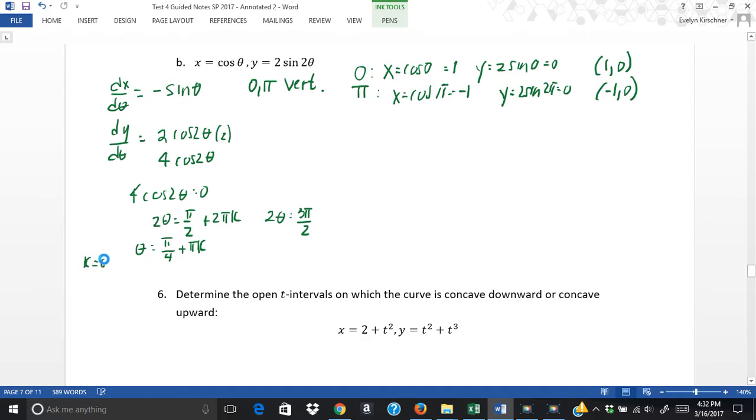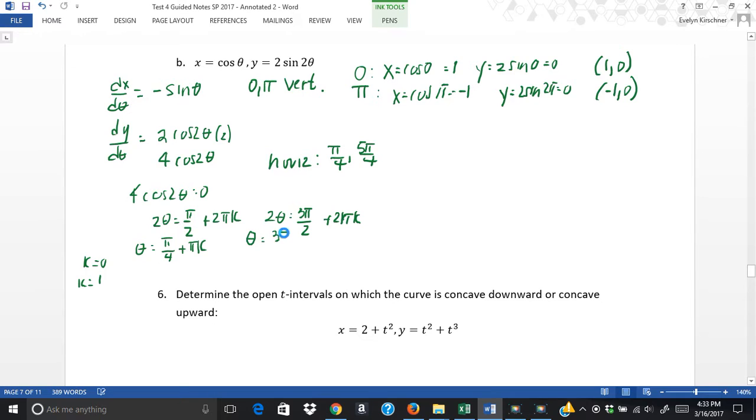K has to equal 0 and 1, so I have horizontal at pi over 4, and plus pi would be 5 pi over 4. And this is plus 2 pi k as well, which means that theta is 3 pi over 4 plus pi k, where k has to be 0 and 1. When it's 0, it's 3 pi over 4, and when it's 1, it's 7 pi over 4.